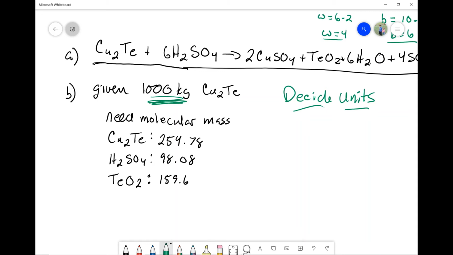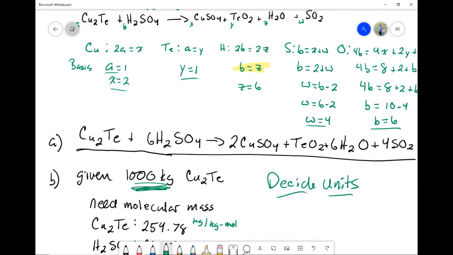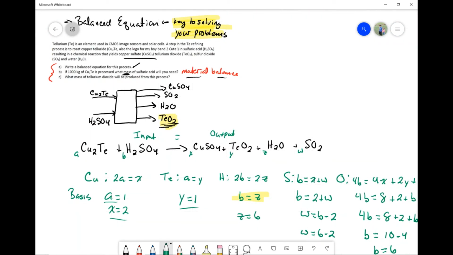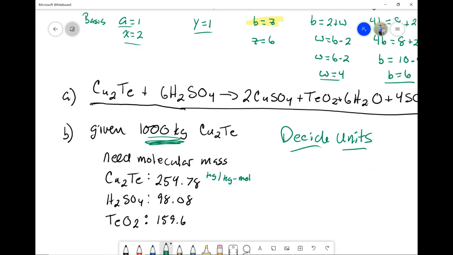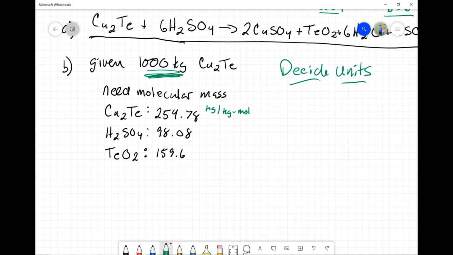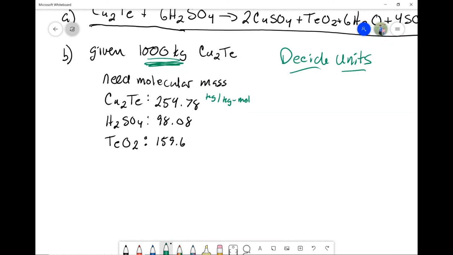And so we're going to do this in kilograms per kilogram mole because we're in terms of kilogram. It's asking for mass. It didn't specify, so it's easier just to do it in terms of kilograms because you save yourself the conversion to grams. And so we can do this in one swift calculation.